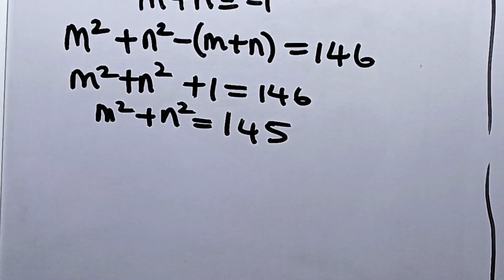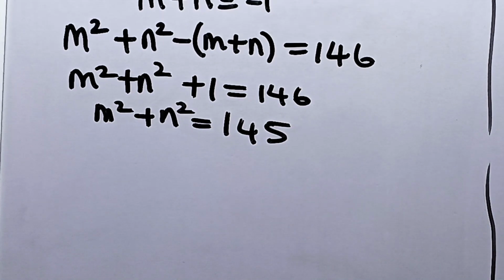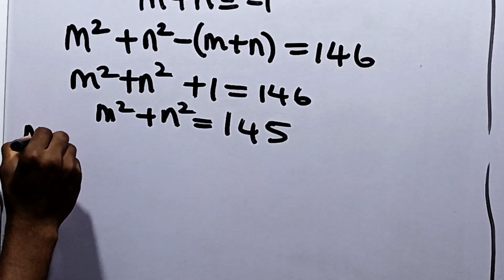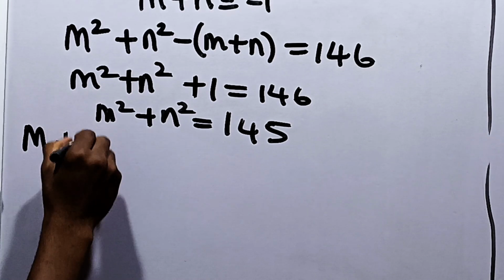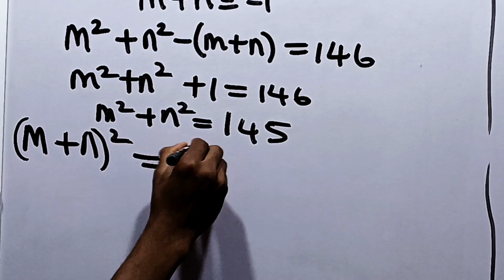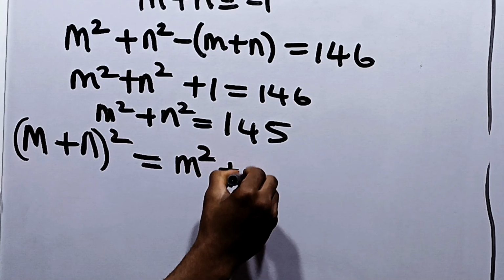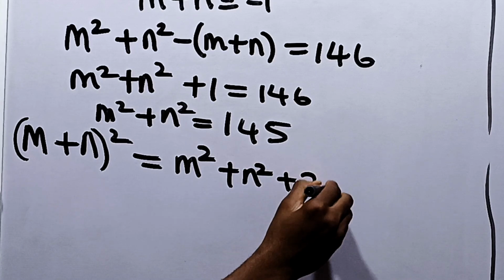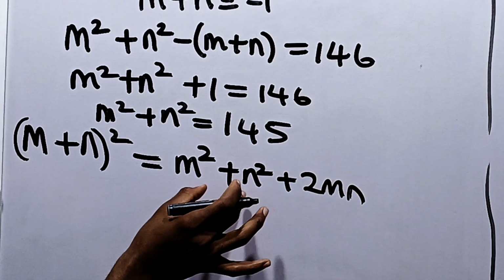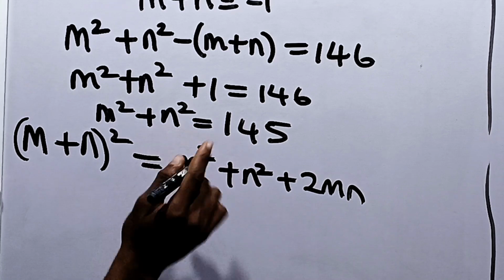Okay, now moving on from here, we can say that, recall that if we have m plus n all squared, it's equal to m squared plus n squared plus 2mn. Right? Now, from here, we can say that our m squared plus n squared, as we've seen here, is 145.